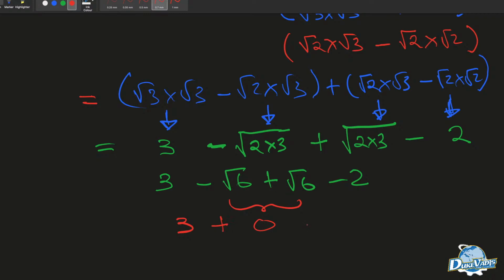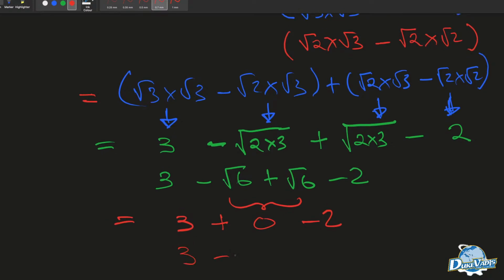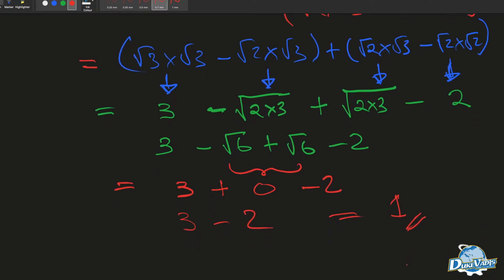So plus minus 2. So finally our answer is going to be 3 minus 2, which our answer once again is 1. You see? So you see that we have been able to prove or explain that the answer we get for the left hand side is equals to the answer we get for the right hand side.